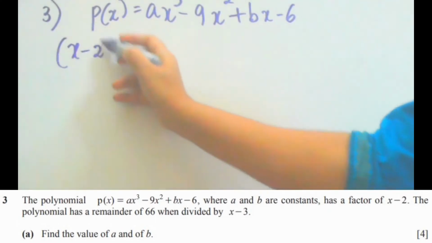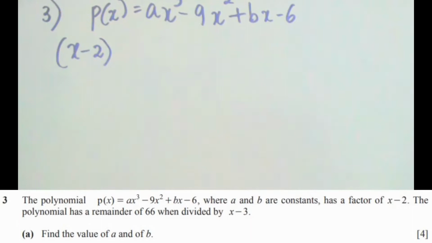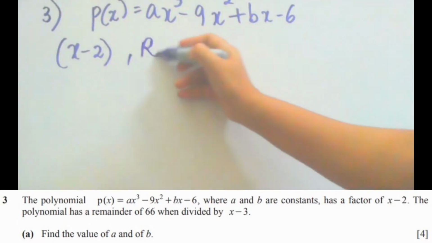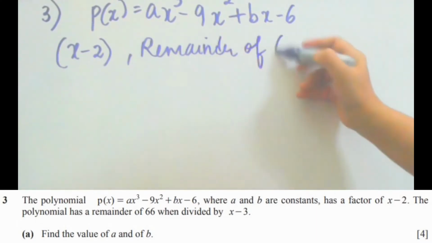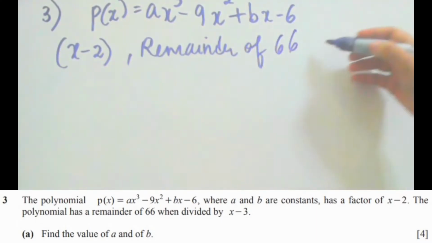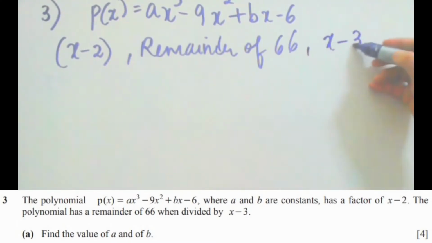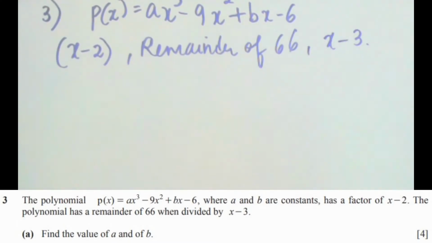The polynomial has a remainder of 66 when divided by x minus 3. Find the value of a and b.